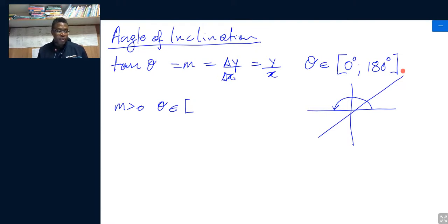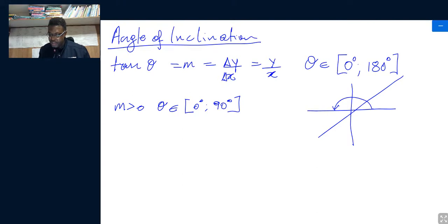Therefore, this line will lie between 0 degrees up to 90 degrees.